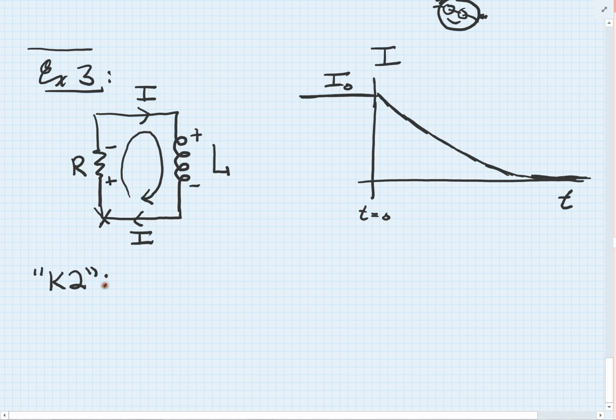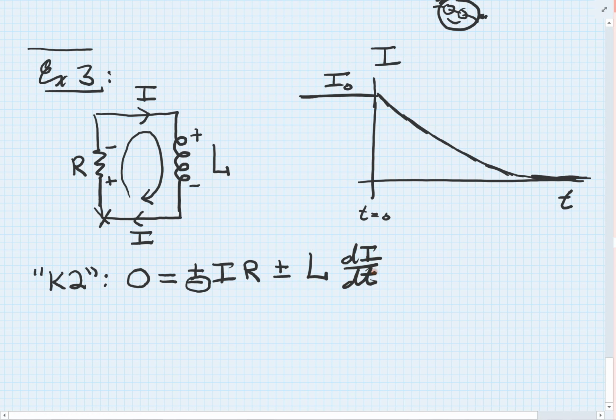And if I do this, Kirchhoff's effective second law says 0 will be the sum of the effective voltages. The first voltage I encounter is my resistor with a current I flowing through it. But I am going now with the current. I am going downstream from plus to minus, so this enters with a negative sign. The inductor then is a very similar story. The inductor formula is L di/dt.